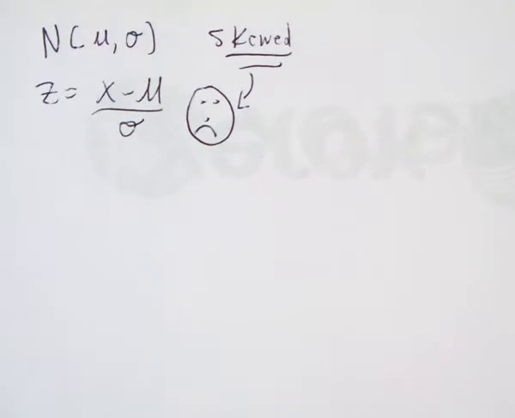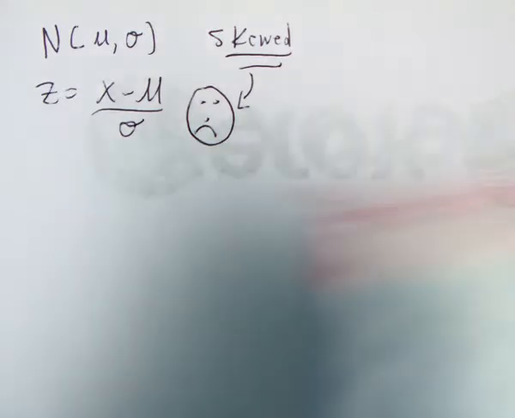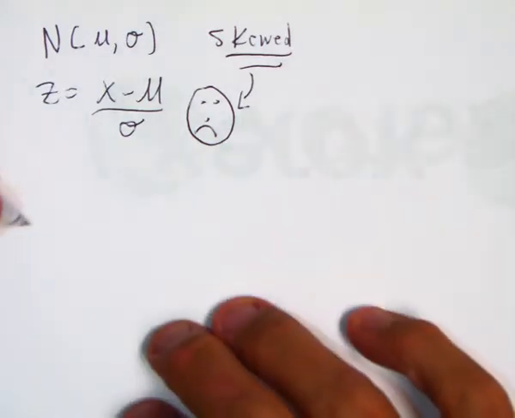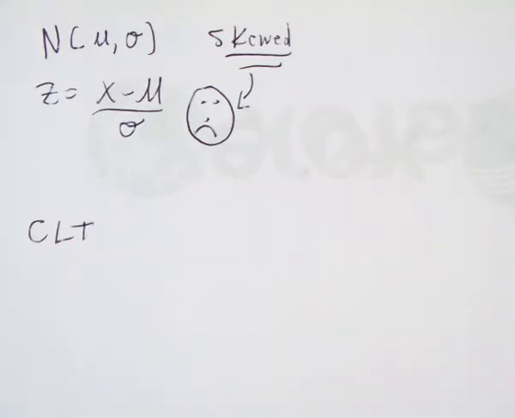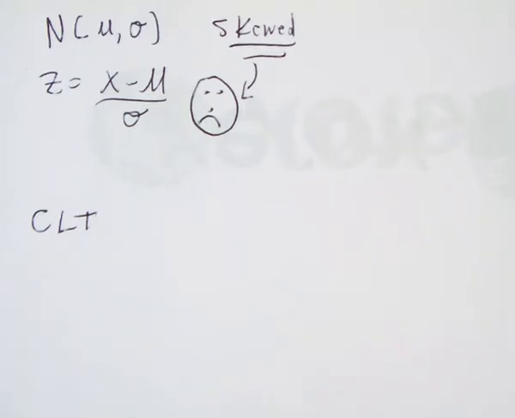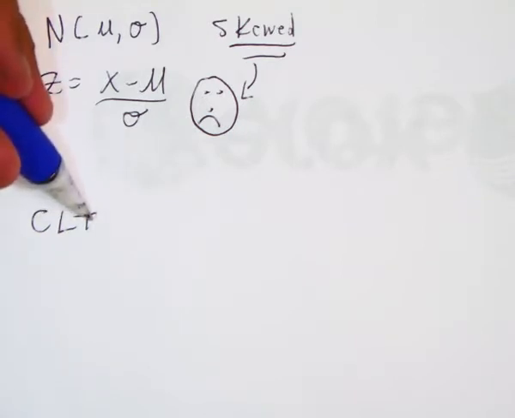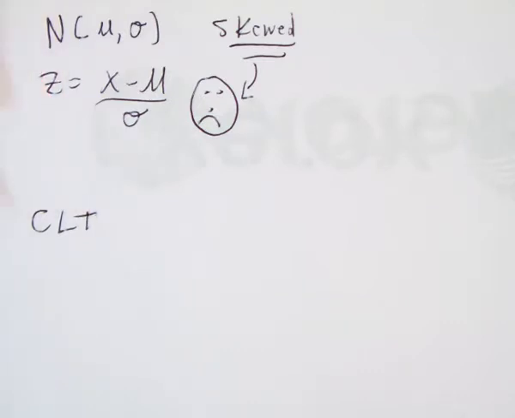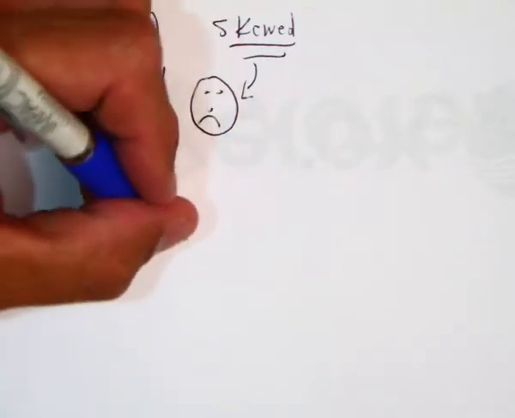Okay. Then question B says, can you estimate the probability that the next customers will spend an average of at least $40? Well, according to the central limit theorem, even if a population distribution is skewed, if the sample is large enough, the sampling distribution will come out to be normally distributed, even if the population distribution is skewed.